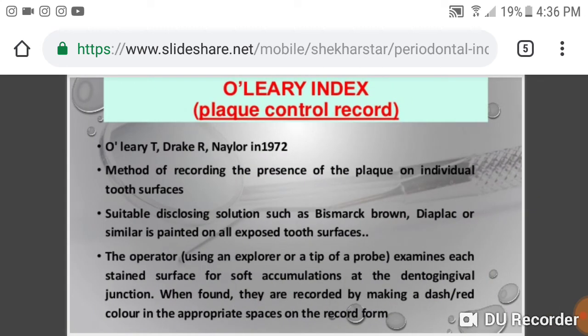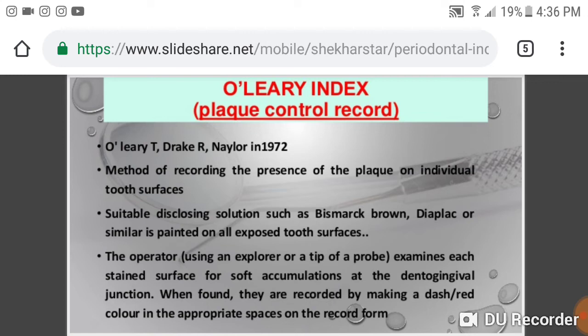O'Leary Index, Plaque Control Record. O'Leary, Drake, and Naylor in 1972. Method of recording the presence of plaque on individual tooth surfaces. Suitable disclosing solutions such as Bismarck Brown, Diaplaque, or similar are painted on all exposed tooth surfaces.